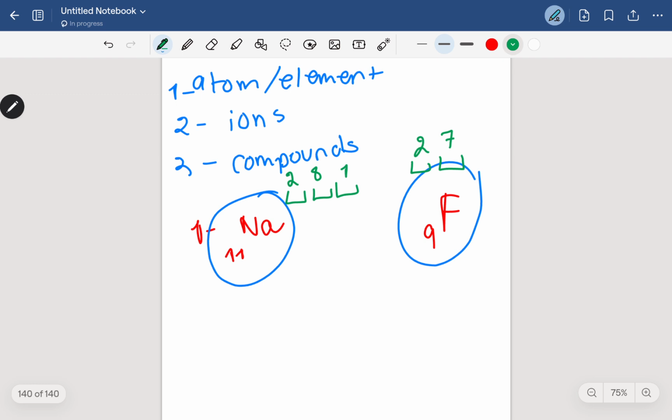Now, we have many ways to denote Na, so you could denote it like this, Na, alright, and you take the number of valence electrons, which is 1, and you put it, for example. For F, you are gonna do the same thing, but we're gonna go in the direction of the compass.